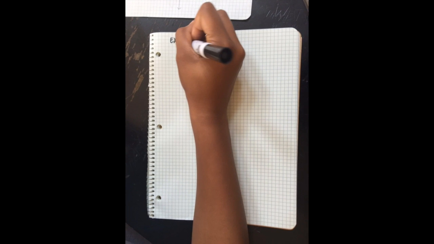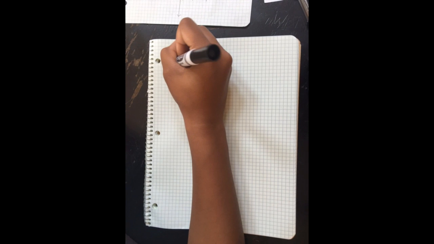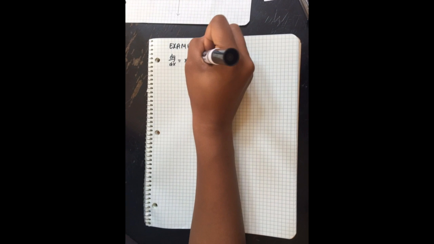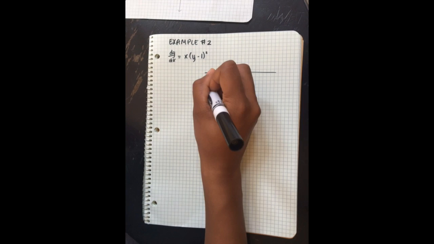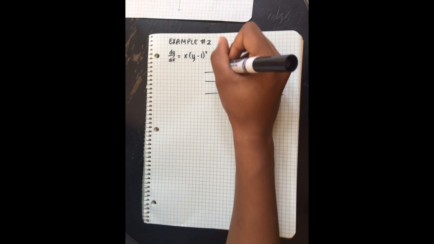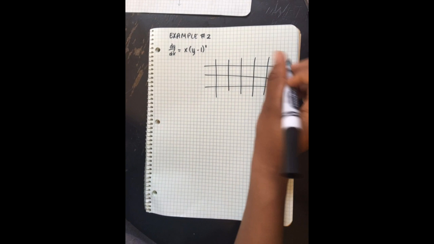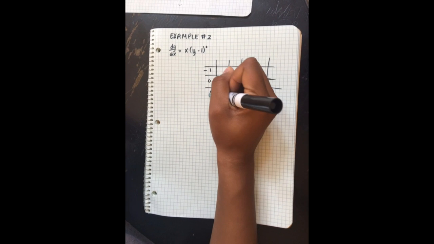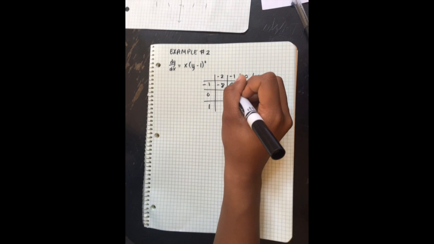So here is example number 2. dy/dx equals x times the quantity y minus 1 quantity squared. So now we're going to make a table just like we did in the past example so that we can keep a record of the slope at each point. Notice that the x values are again at the top and the y values are to the left.